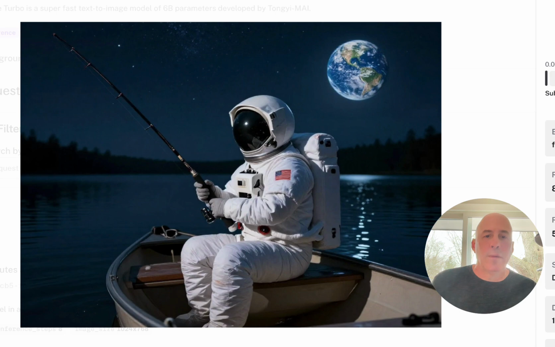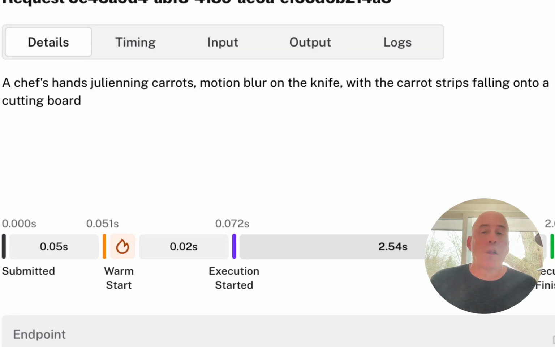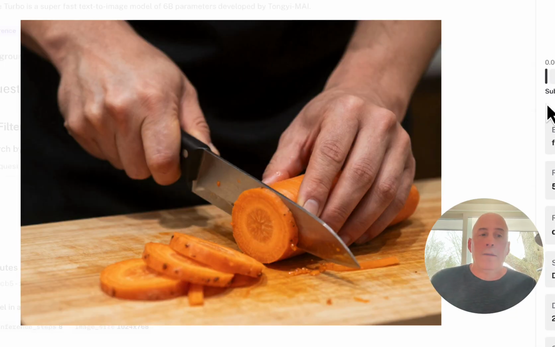Let's try another one. This is a close-up of chef hands julienning some carrots, motion blur with a knife, and the strips falling onto the cutting board. Here is Z-Image, and this is not julienning carrots. Julienning carrots is actually cutting them in strips. So let's see if Flux.2 gets it right.